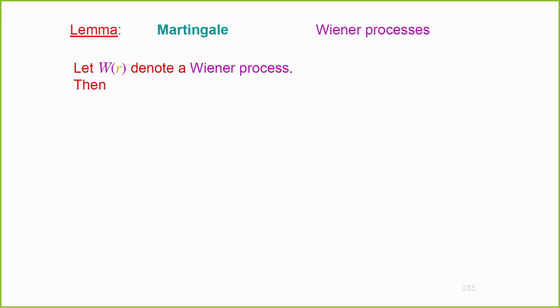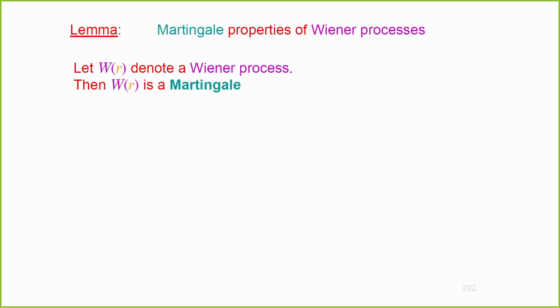Next, we're going to look at, however, the martingale property of the Wiener process, which we haven't addressed before. A martingale is simply a process for which its best predictor is equal to the current observation. Okay, so the Wiener process is going to be a martingale, and this means the following.